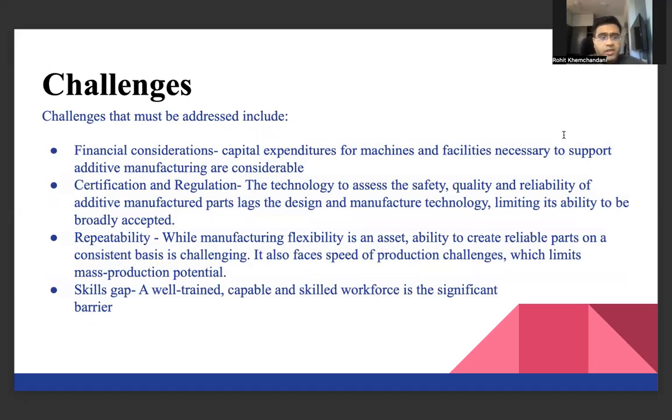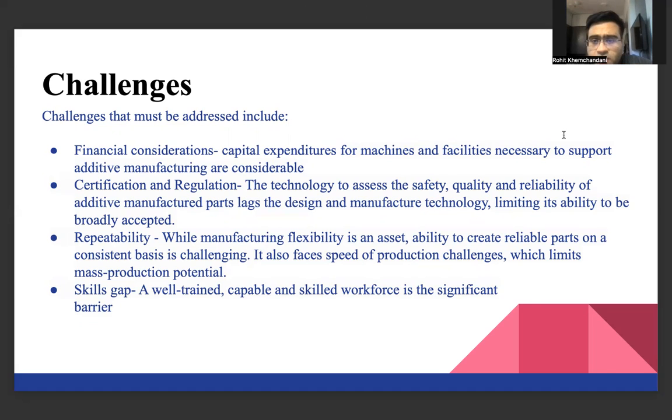Now we'll talk about the challenges. Challenges that must be addressed can include financial considerations. Yes, finance is always the major thing, which has the highest impact in each and every technology that is to be adopted.